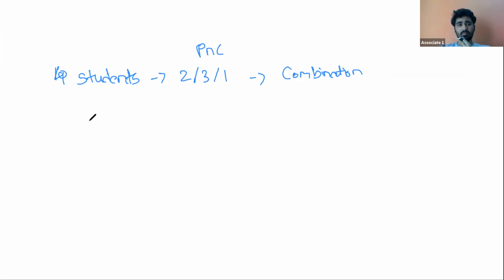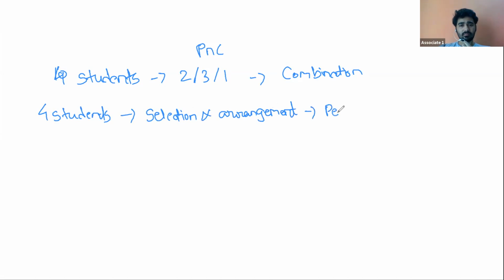But suppose I say that I have to select two students and I have to arrange them. Selection and arrangement, then it is known as permutation.